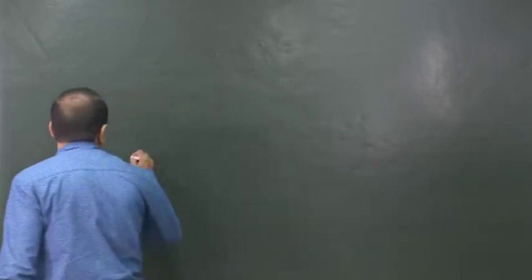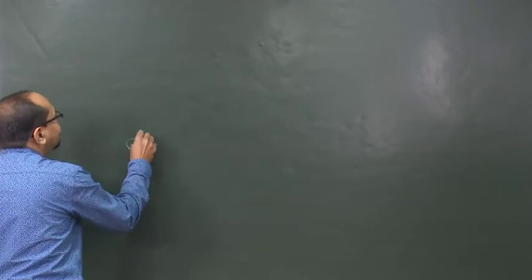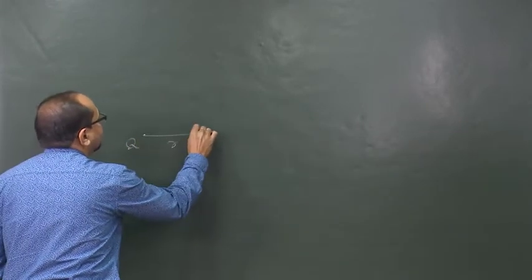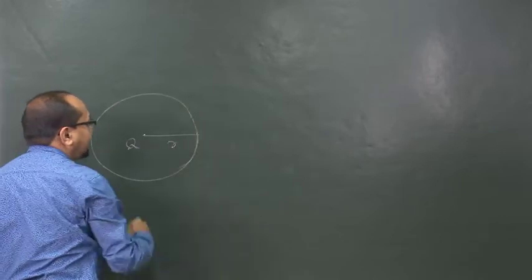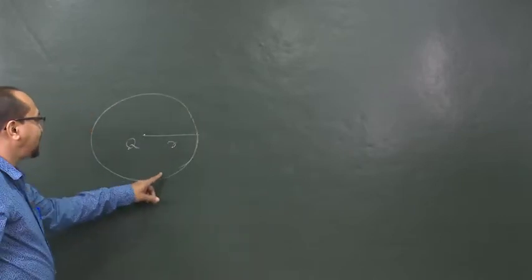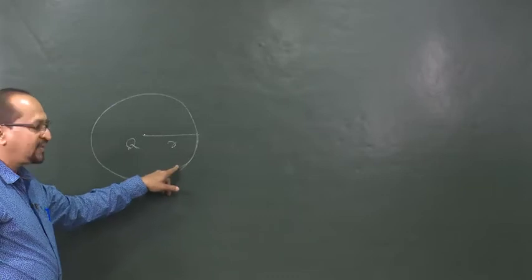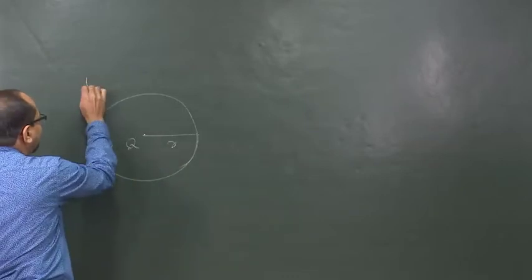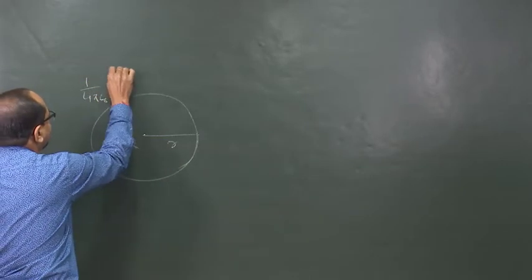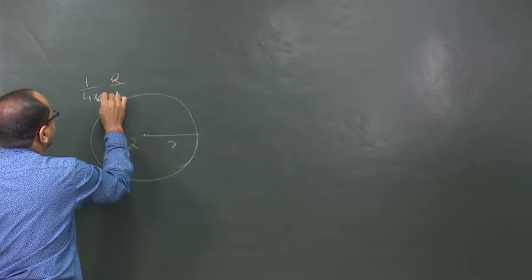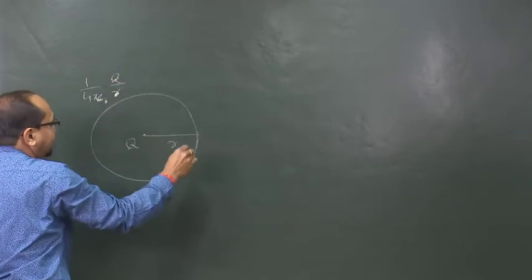So, if we have a point charge q and this sphere of radius r is an equipotential surface, the potential at every point on the surface is the same. It is 1 by 4 pi epsilon naught q by r.